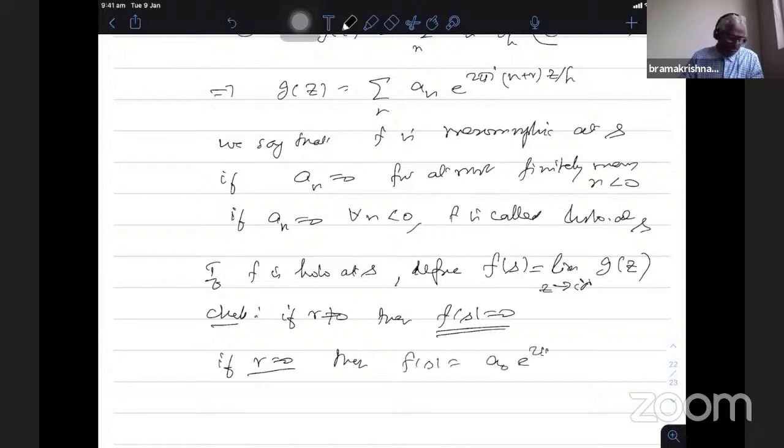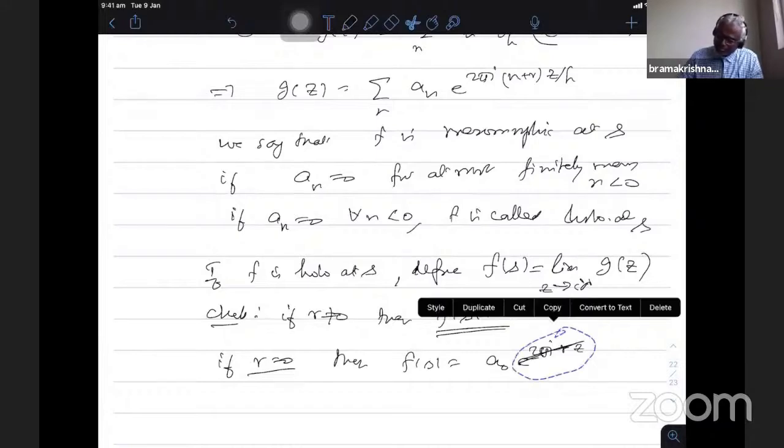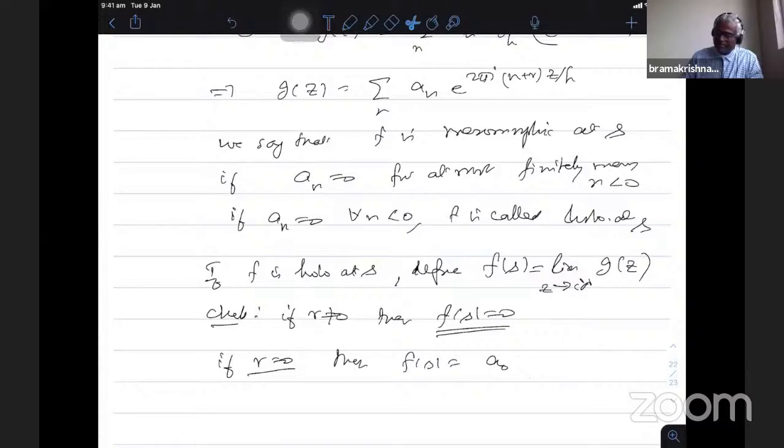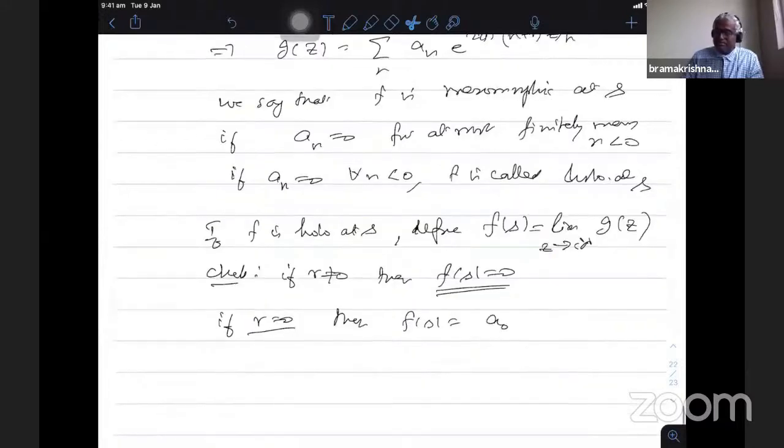Then if r equal to 0, this factor goes away, so the constant term f of s is nothing but a_0. Therefore we do not know whether a_1 is 0 or not.